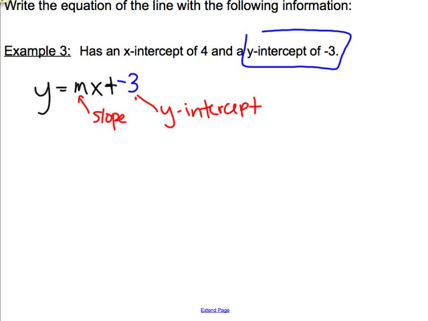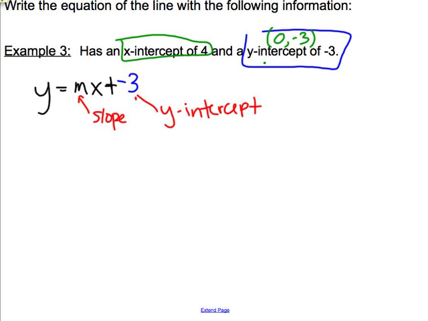But the other thing they give me is an x-intercept. So I've got to figure out how to use this information about the x-intercept. Remember, an intercept means that something's 0. So for a y-intercept, it means that x is 0, and that means that y is -3. So you have to remember that a y-intercept tells you that it crosses y at -3, and that means that x is 0.